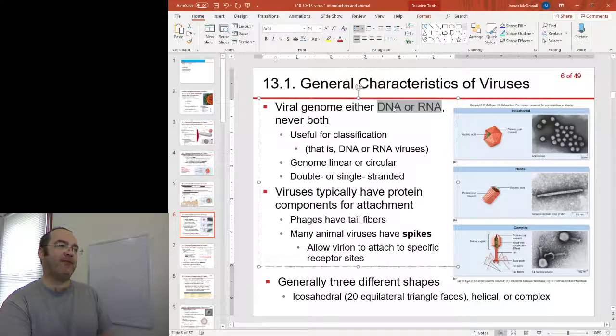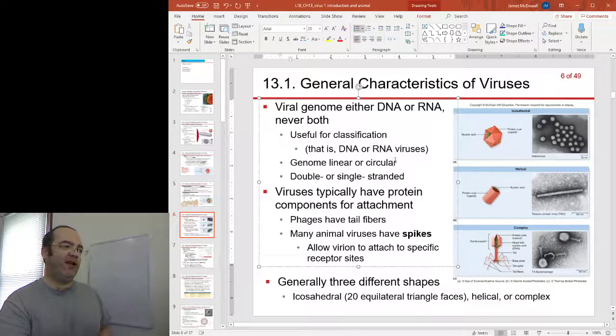Inside the capsid can be DNA or RNA, but never both. And this is one major method for classifying viruses, whether they are DNA viruses or RNA viruses, whether they have single-stranded or double-stranded. You can have single-stranded and double-stranded DNA viruses. Mostly RNA viruses are going to be single-stranded, but you can have different varieties of what we call strandedness in our virus.